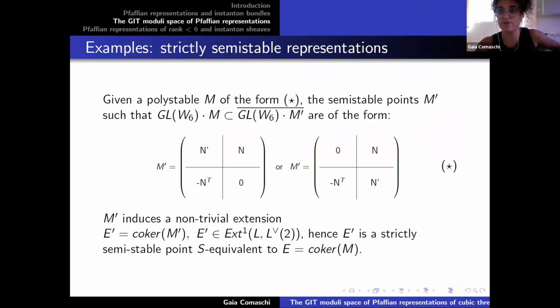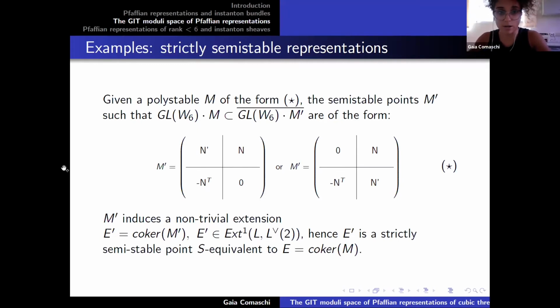And if now we try to understand which kind of semi-stable points have orbits whose closure contains the polystable ones, we have that all these semi-stable points are of this form. So we take the polystable representation and we add blocks of linear forms.